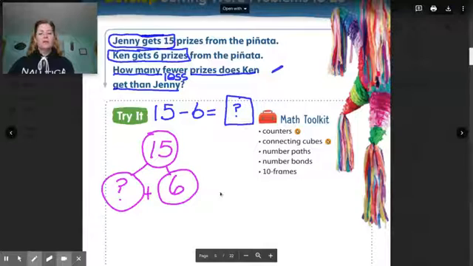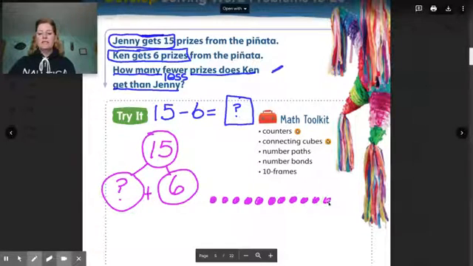So I'm going to do this a couple of ways. First of all, I am just going to draw some circles for prizes. Jenny gets 15. I'm just quickly going to draw 15. Count with me. 1, 2, 3, 4, 5, 6, 7, 8, 9, 10, 11, 12, 13, 14, 15.